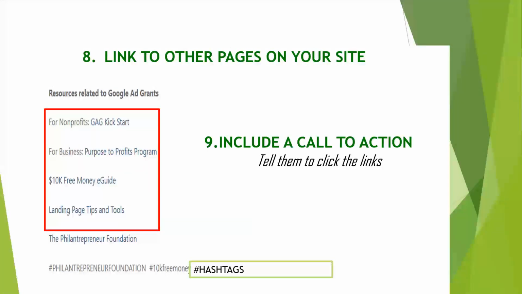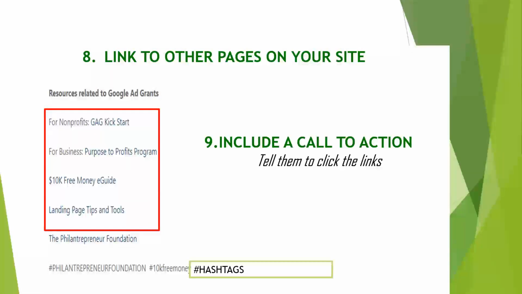For businesses, Purpose to Profits program, that's showing them how to use their knowledge in an educational hub and leverage that for their marketing. The 10K free money e-guide, which is an actual e-guide that they can download. And then landing page tips and tools, because all of the ad campaigns use what is called landing pages, or they should. Of course, we're going to send them where they can get tips and tools.